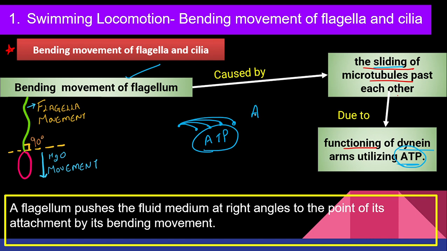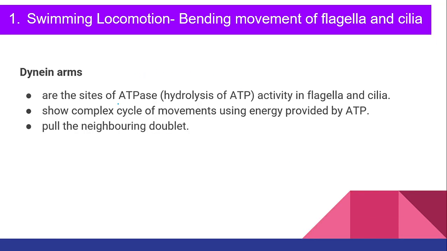ATP means adenosine triphosphate, right? Whenever this bond is broken down, there will be a release of energy. So this attachment and detachment is because of this release of energy. But how will this ATP be broken down? How will the phosphate bond be broken down? It will be broken down by the enzyme ATPase. Whenever you see 'ase', it means I'm talking about an enzyme.